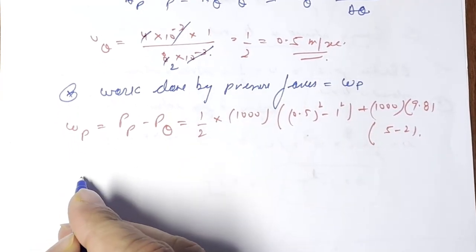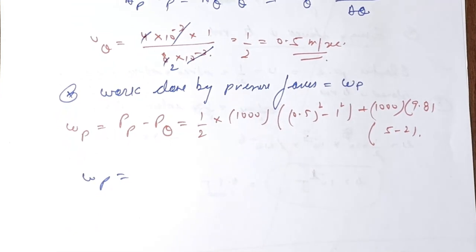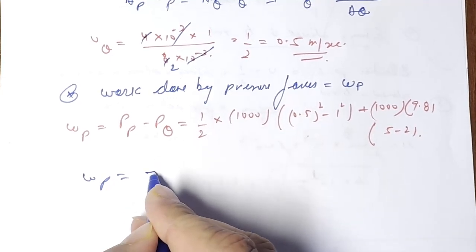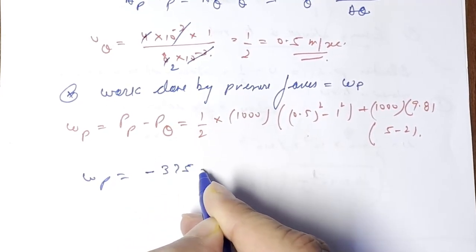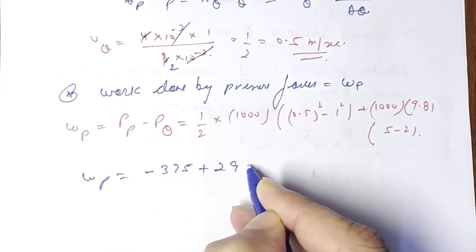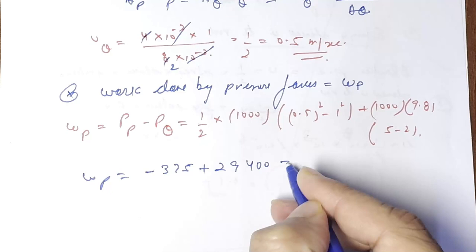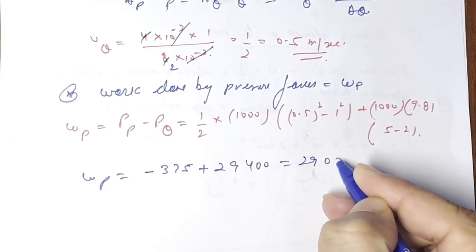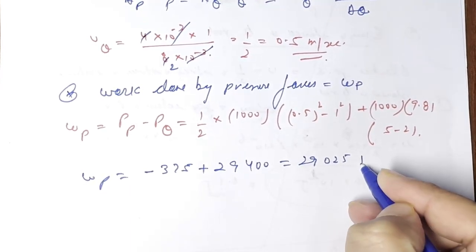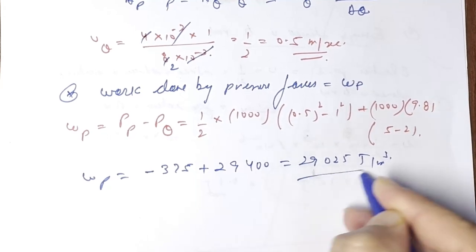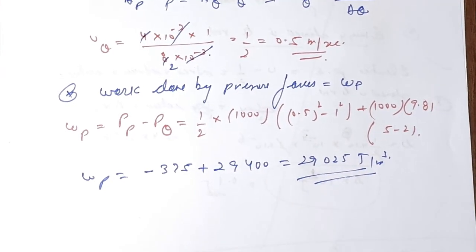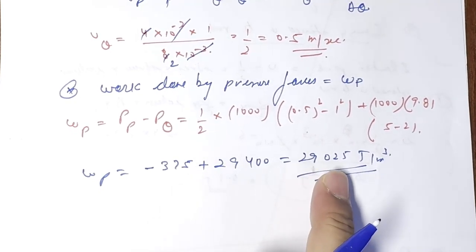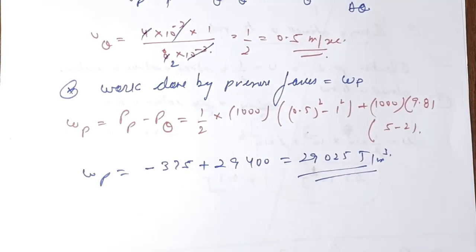So therefore we can say that our WP will be equal to, if we solve it, minus 375 plus 29400, and this gives us 29025 joules per meter cube. So this is the work done by the pressure forces, that is 29025 joules per meter cube.